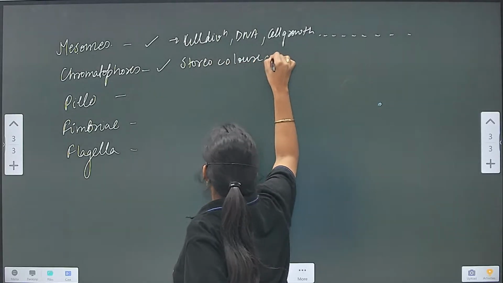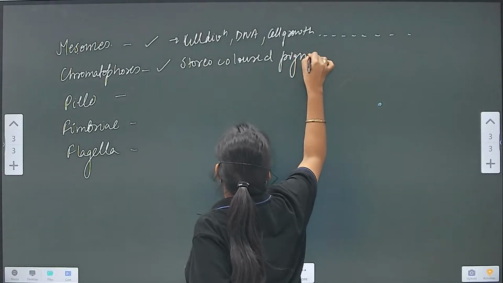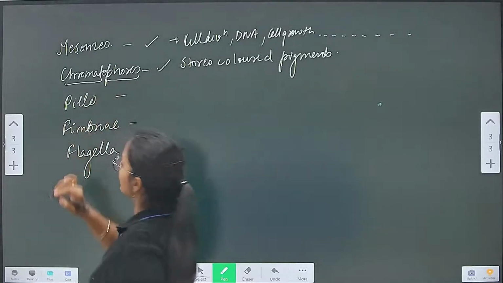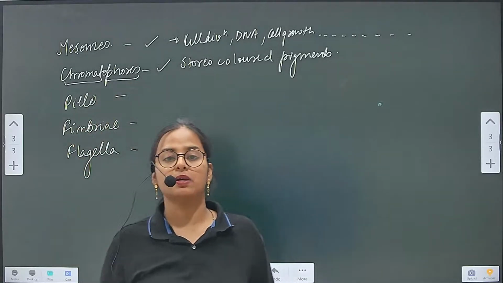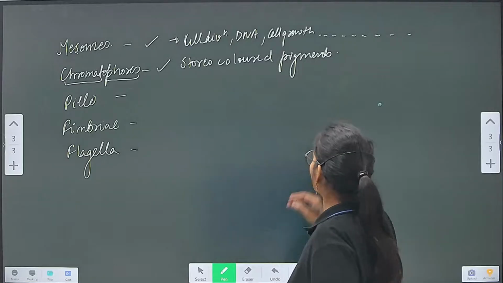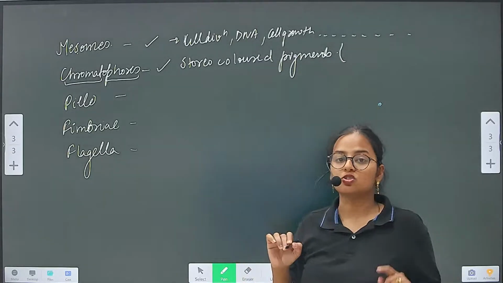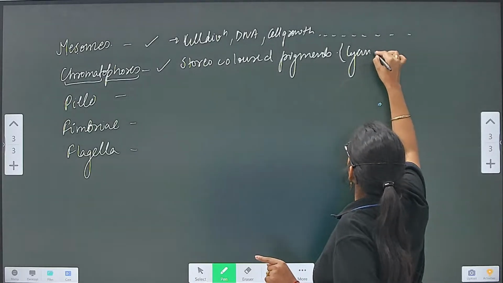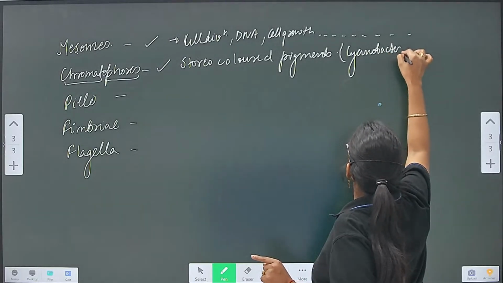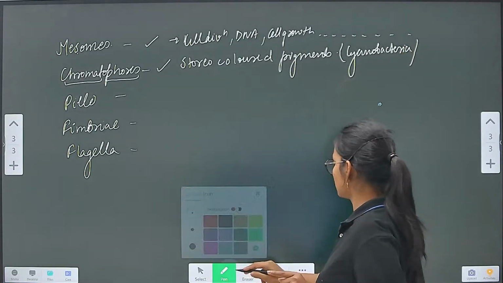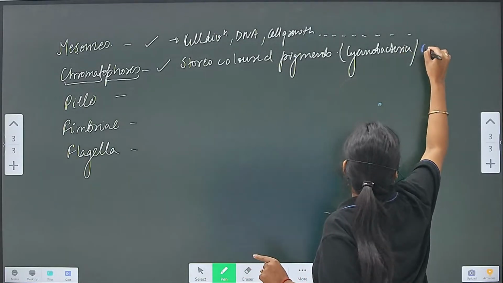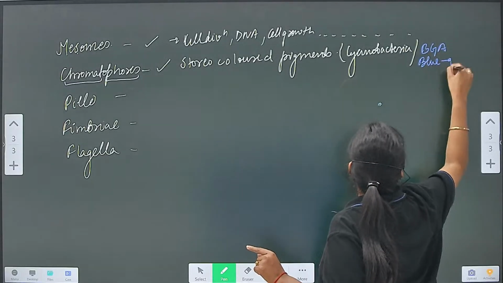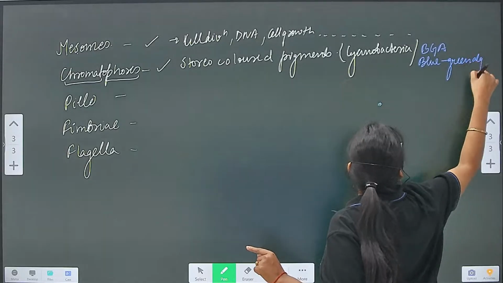Remember, chroma means colored, phores means bodies. So the bodies which store colored pigments are called chromatophores and are found in autotrophic prokaryotes, that means the cyanobacteria, which are also called blue-green algae. BGA stands for blue-green algae. Is that clear?